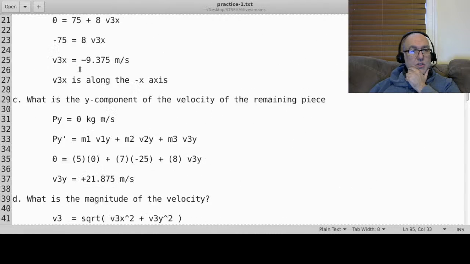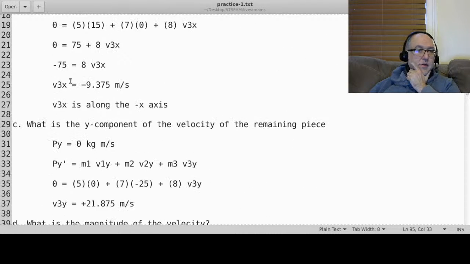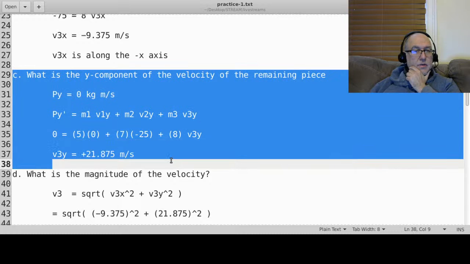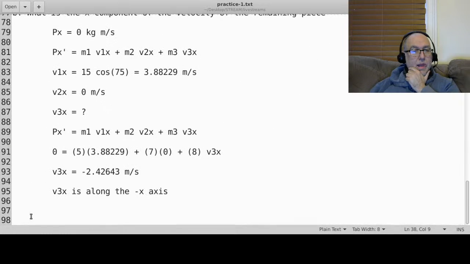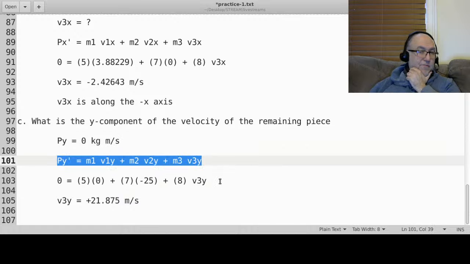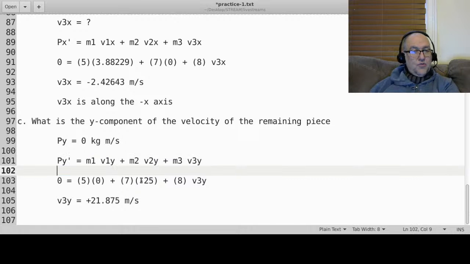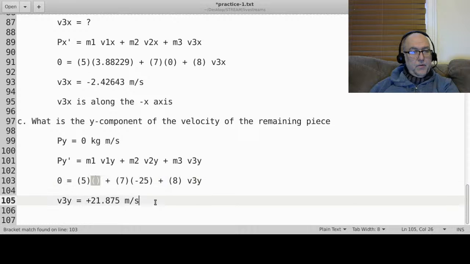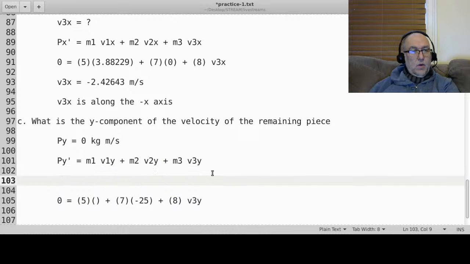So that was the other question. What about the y component? That in form is still true. This is not true, because that number now is going to be wrong. Why?